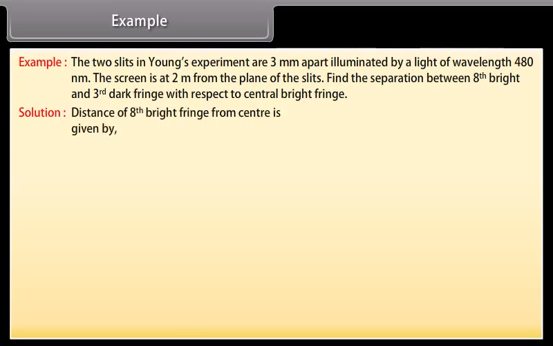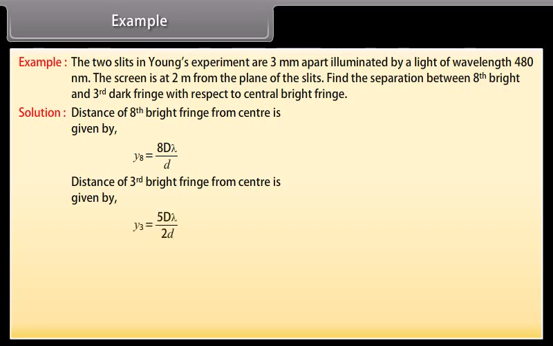Distance of the 8th bright fringe from center is given by 8Dλ upon small d. Distance of the 3rd dark fringe from center is given by 5Dλ upon 2d. We have y is equal to y8 minus y3.